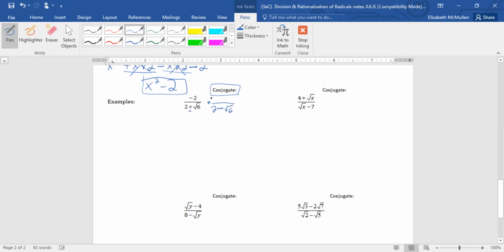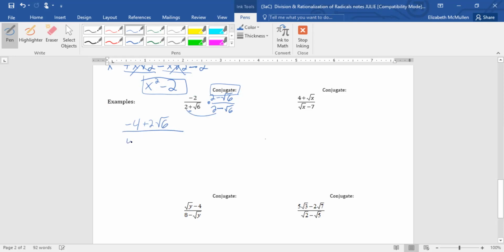And what we do to the bottom, we want to do to the top because it still needs to be equal to 1. All right, so then let's multiply. Negative 2 times 2 is negative 4. Negative 2 times negative radical 6 is going to be plus 2 radical 6, over firsts.